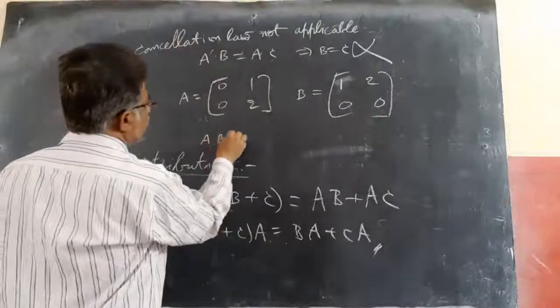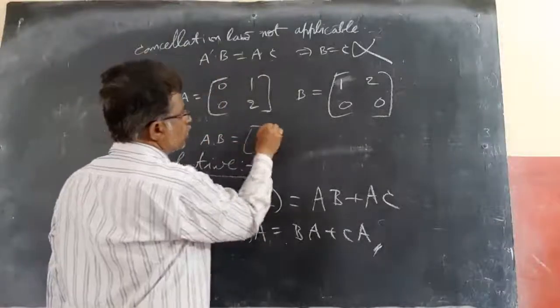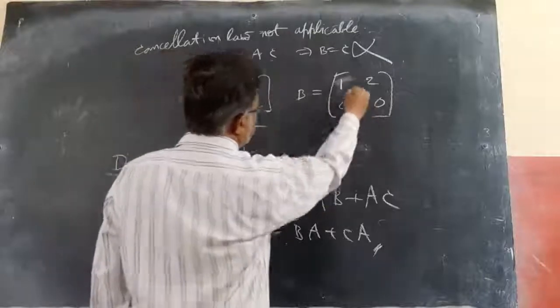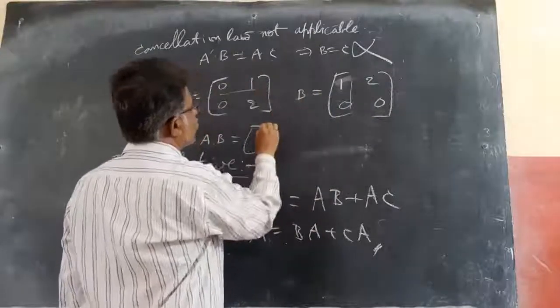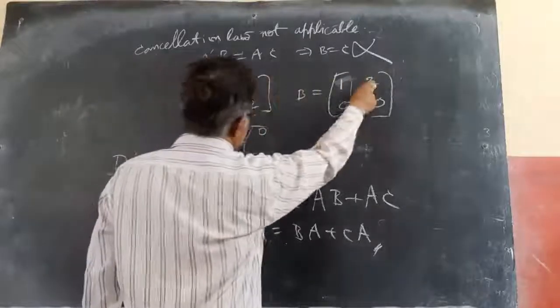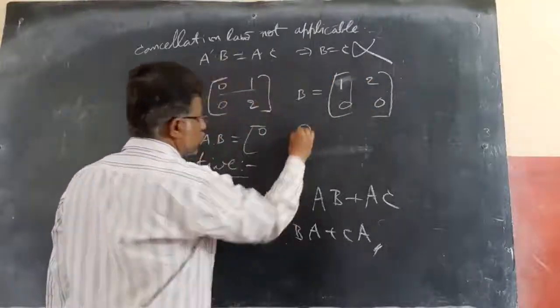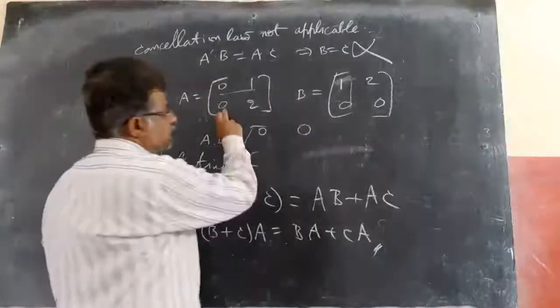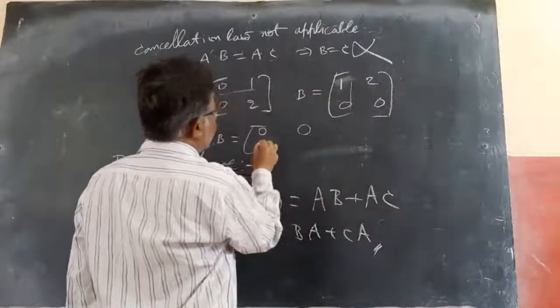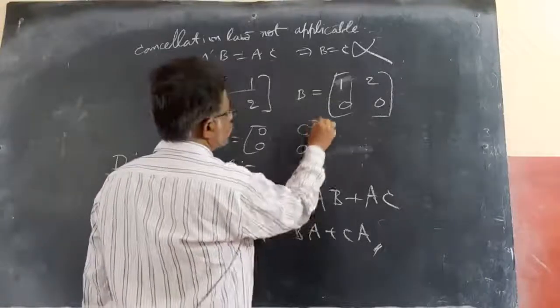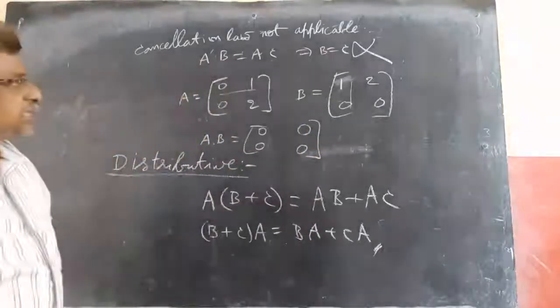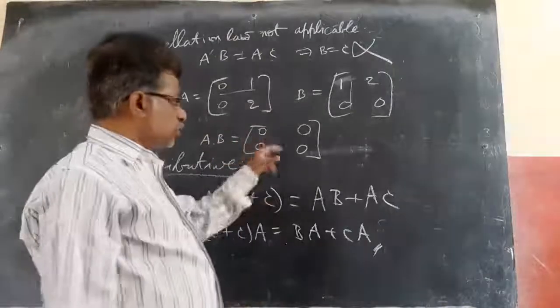First tell me what is AB? We will do first row with first column. What do we get? 0 into 1, 0 plus 0 into 1, 0. Next, 0 into 2, 0 plus 1 into 0, 0. Like 0 into 1, 0 plus 2 into 0, 0. 0 into 2, 0 plus 2 into 0, 0. So this is AB. AB is equal to 0 I got.